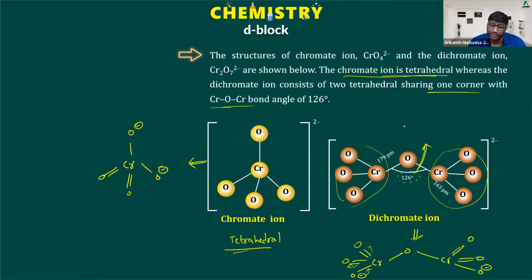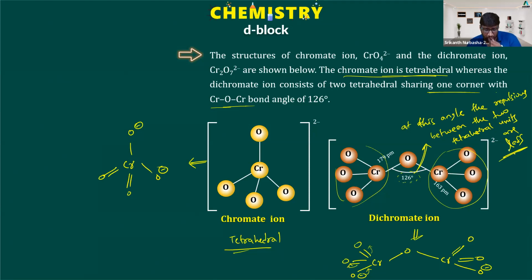At this angle, the repulsions between the two tetrahedral units are less. Is that clear, students? Yes or no? Yes, sir.